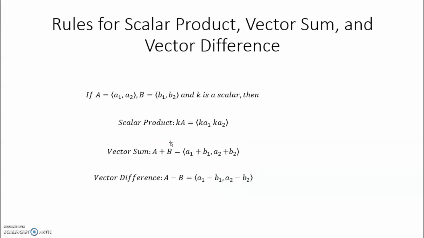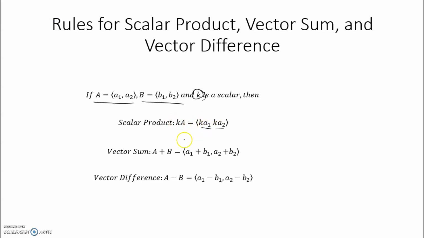Now let's look at some rules for scalar product, vector sum, and vector difference. If I've got two vectors, and these are the components of vector A, these are the components of vector B, and a is just a scalar, just a number, then if I have a number times a vector, you take that number times both the components.